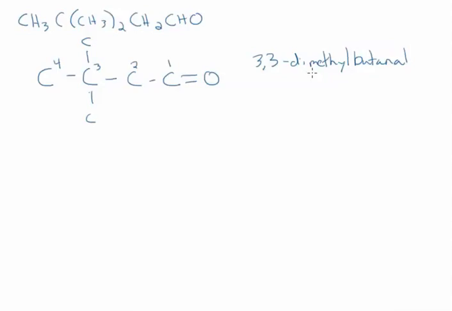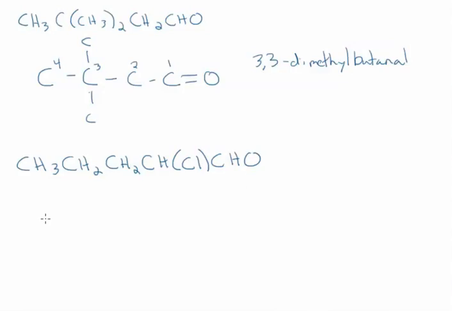One more example. In this example, you can see that we actually have 2 different functional groups. We have a halide here, and we have our aldehyde. So we can draw this out. We have chlorine there. And we have our aldehyde here. Remember, this is always 1. So 1, 2, 3, 4, 5.